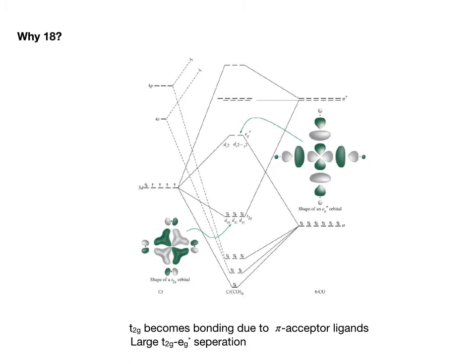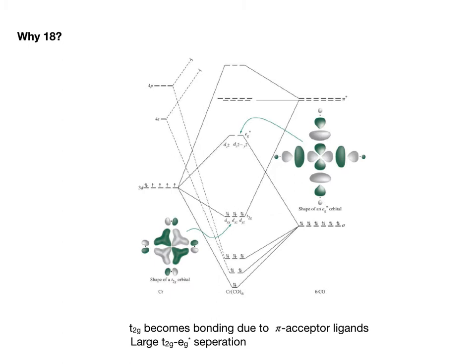So 12 from the ligands and 6 from the metal in this case. The 6 mostly ligand character orbitals can accept 12, and the 3 T2g levels can accept 6. So that's a total of 18.